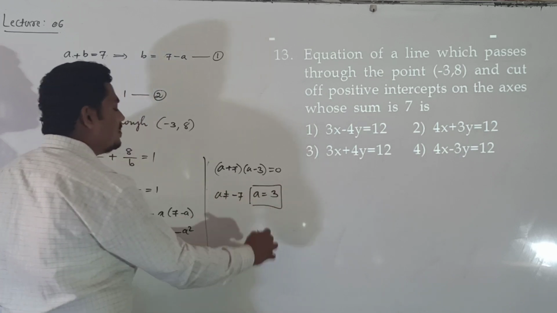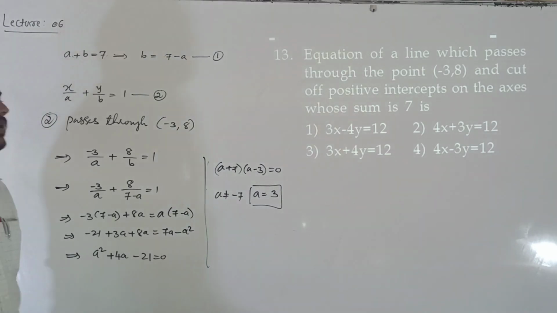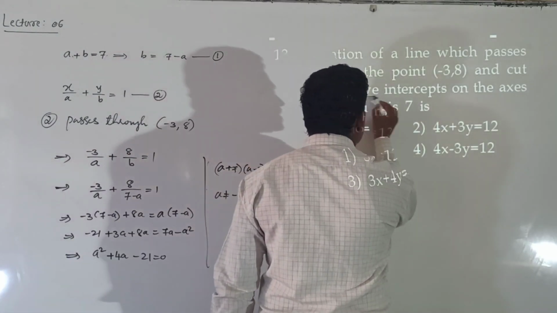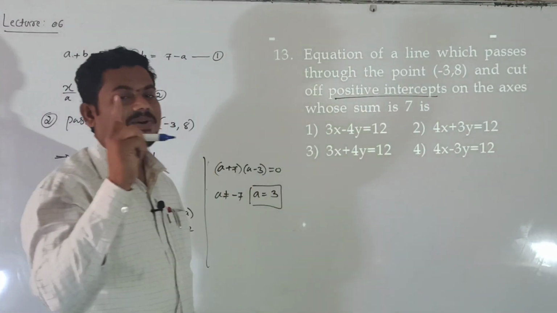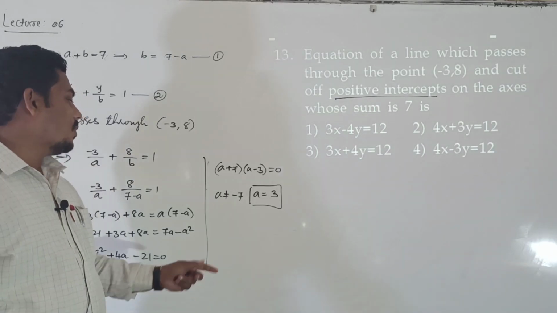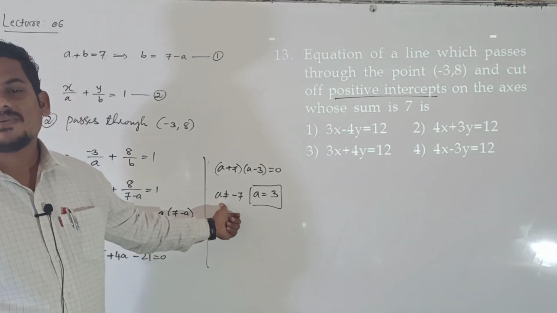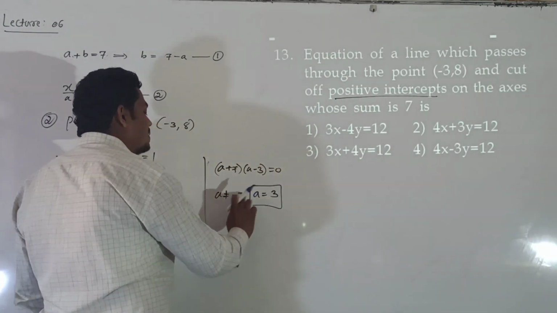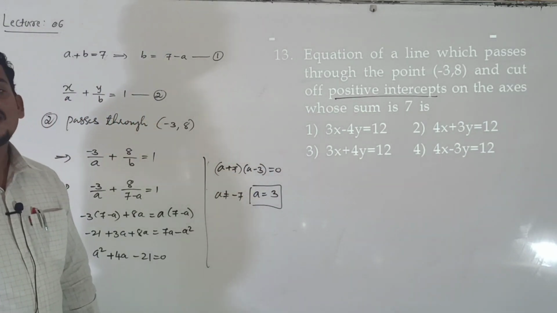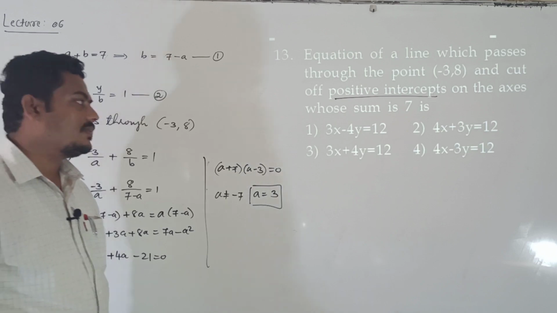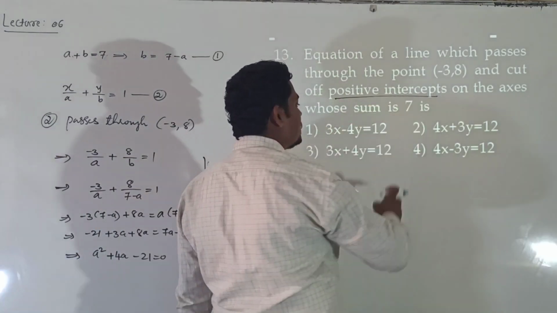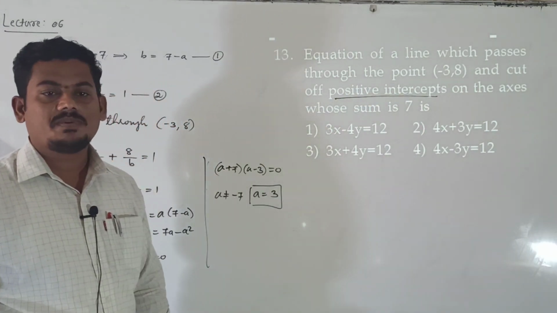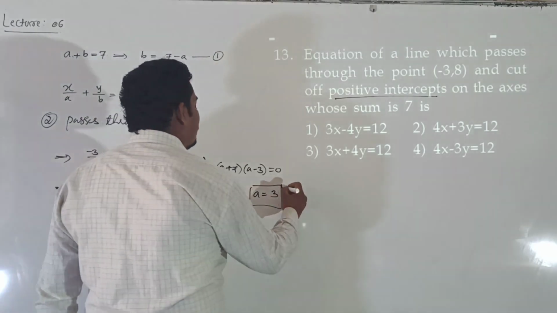Why a is not equal to minus 7? Clearly they have given positive intercepts, means both a value and b value should be positive, means a equal to minus 7 is not possible. Product of two factors equal to 0 means one of the factors equal to 0, but a equal to minus 7 is impossible. Why? Because positive intercepts means both a value and b value should be positive. Therefore a equal to 3.